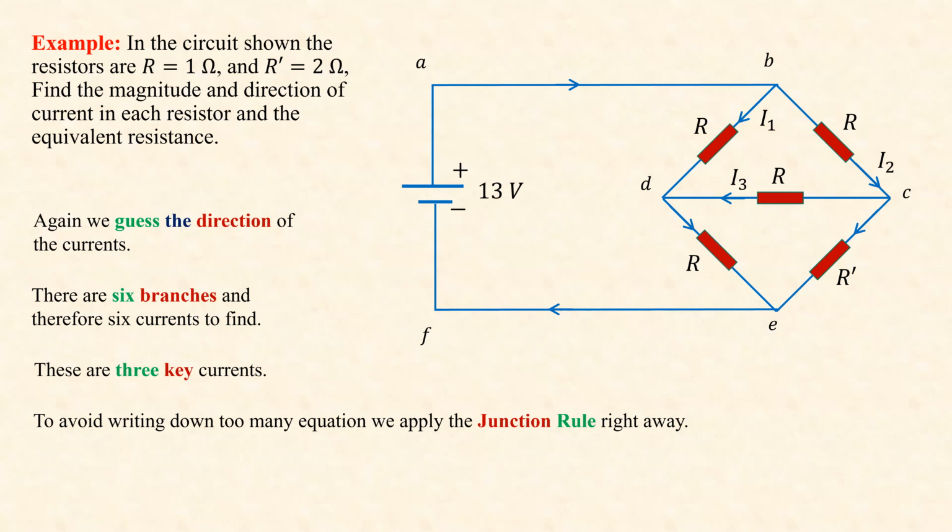So, to avoid writing down too many equations, we can apply the junction rule right away. So if this is I1, this is I2, and this is I3, then we know what this is. This should be I1 plus I3 in this branch. And then this will be I2 minus I3, and this will be I1 plus I2. So we put those values. So now basically we have the junction rule applied.